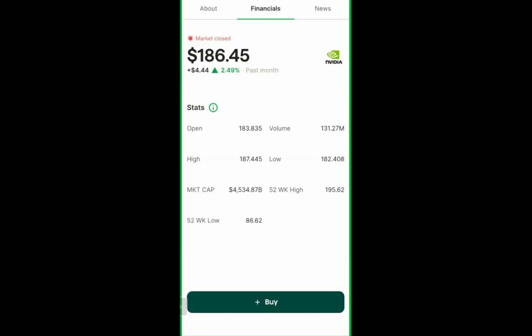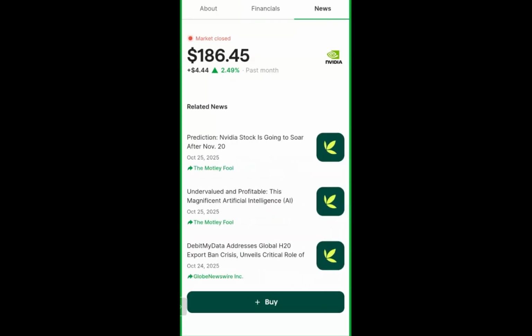Then the 52-week high, that's the 1 year high, has clocked 195.62. Then you see the 52-week low, which is 86.62 for the past 1 year. Now we have news, so you get related news on Nvidia.